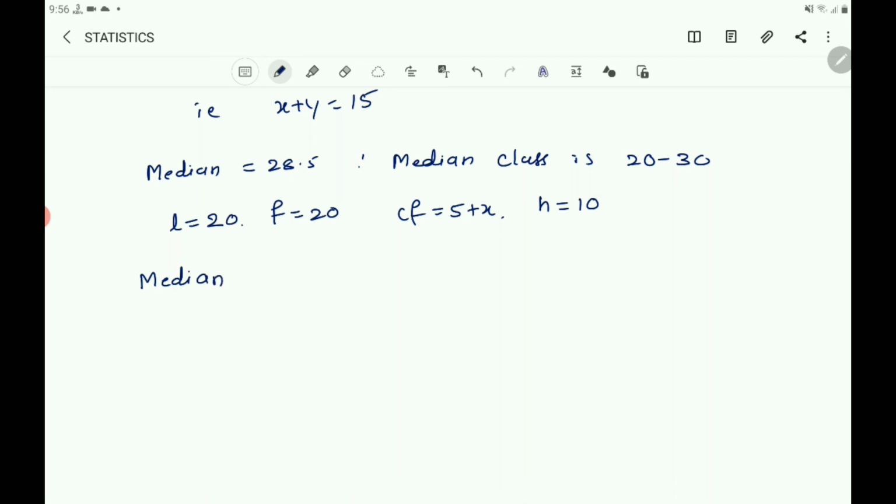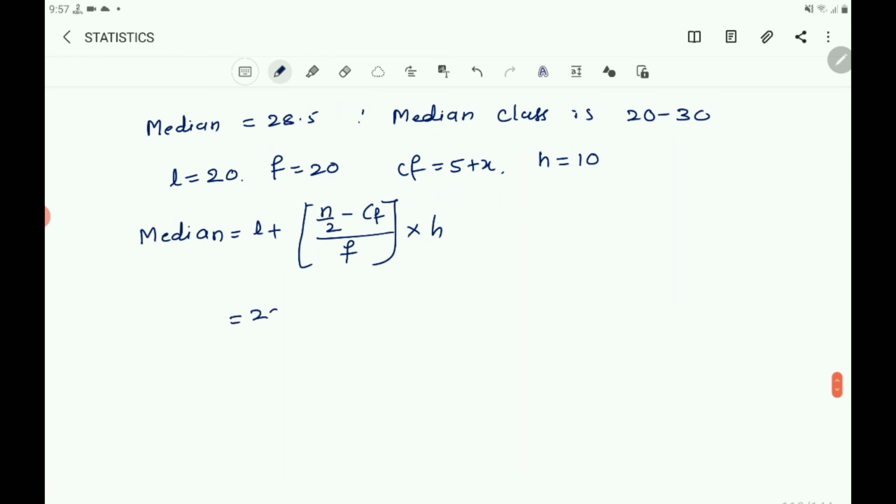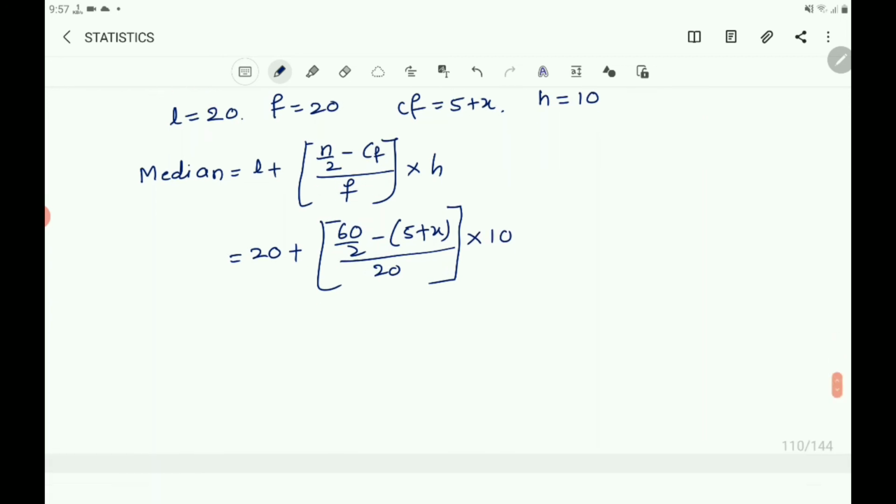Now you write the formula for the median. Median equals L plus n by 2 minus cf by f, into h. Then L is 20, plus n is 60 by 2 minus cf, which is 5 plus x, by f, which is 20, into h, which is 10.